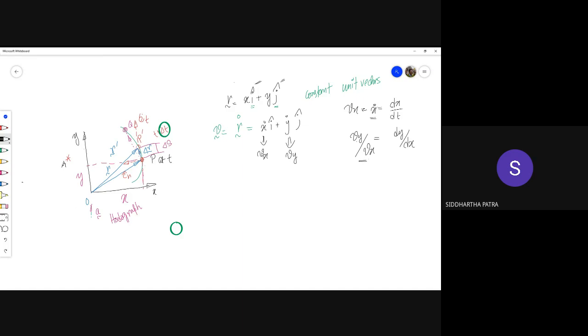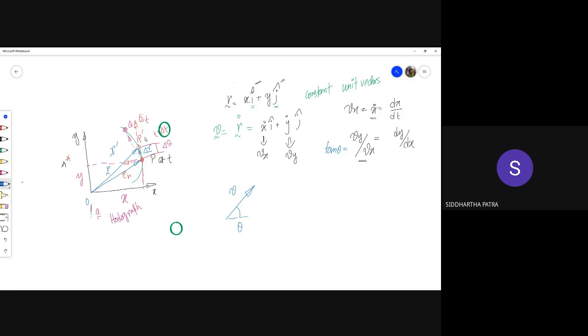Which basically means, what is Vy to Vx? If I represent the velocity vector like this, and that makes an angle of theta with the horizontal, then that is actually tan theta. And what is dy dx?